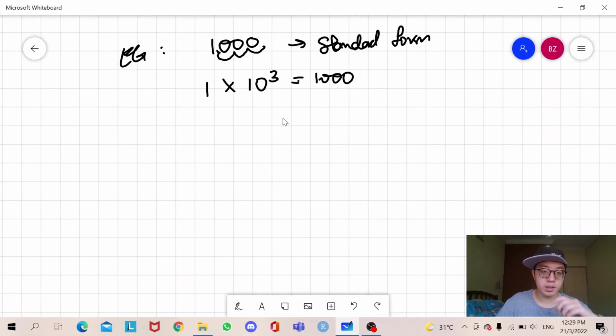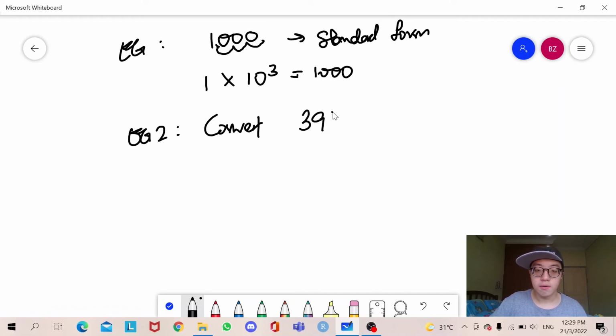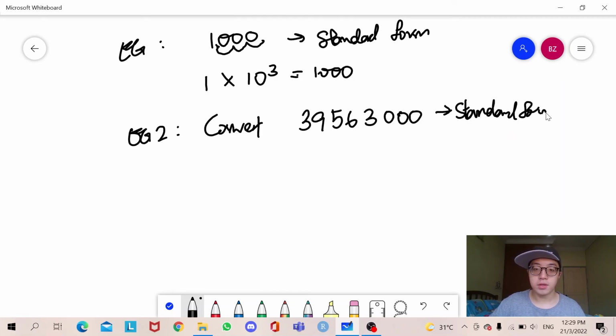I'm gonna bring a little bit harder one. For example, number 2, convert 39563000 to standard form. All right, how do you do that? The same thing, we're gonna push our decimal point backwards until we satisfy a.